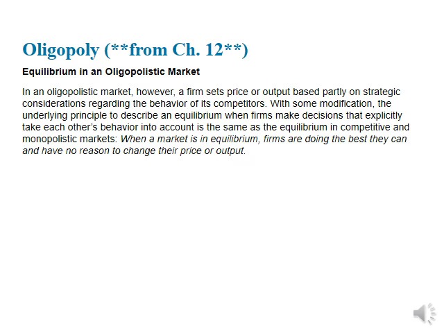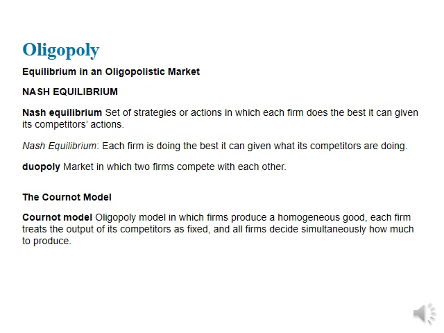And so from here, we can come up with a strategic equilibrium where firms in an oligopoly are doing the best they can based on what their competitors are doing and have no reason to change price or output, which sounds a lot like a Nash equilibrium that we were talking about last lecture. This set of strategies that constitute a mutual best response. Each firm doing the best it can given what its competitors are doing.